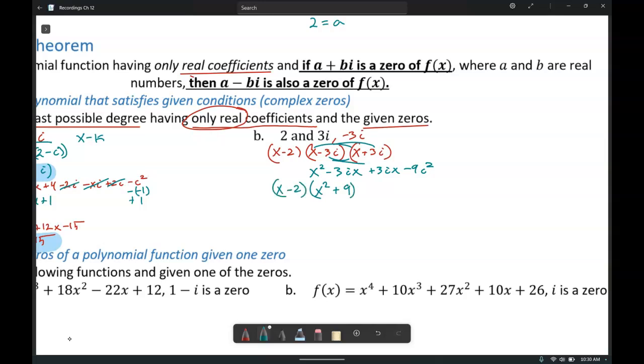Again, the i squared is negative 1. Negative 9 times negative 1 is positive 9. And we distribute again. x to the third minus 2x squared plus 9x minus 18.